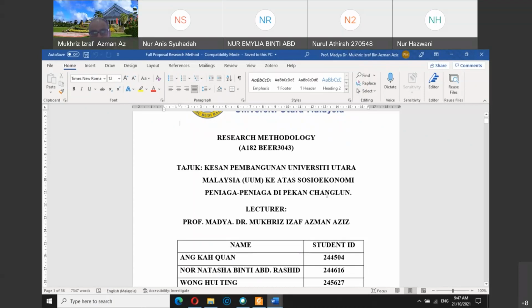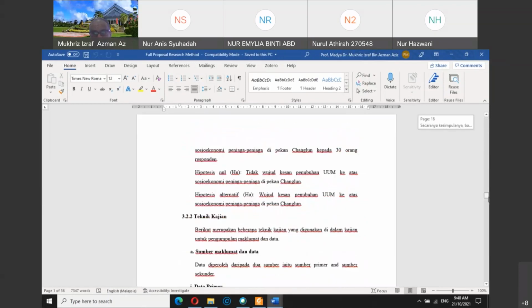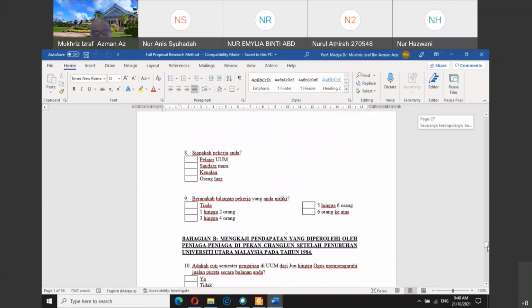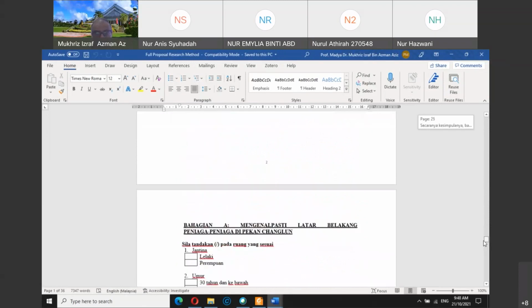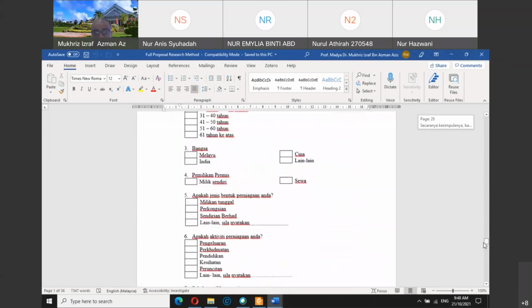For example, we have night markets in Changlun every Wednesday. So the students will go out and buy their foods, groceries, and also visit the surrounding shops in Changlun. The questionnaire was developed from zero.